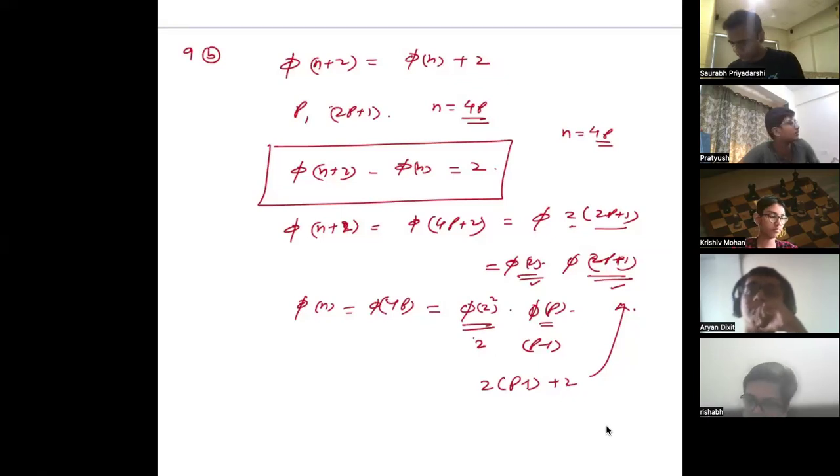9th, 10th. See, 10th, just try, then I'll explain, right? Rishabh, what is the meaning of this phi? You just have to see the numbers co-prime with that number. So if this is prime, we have three formulas for this. If p is a prime number, how many numbers are co-prime with this?